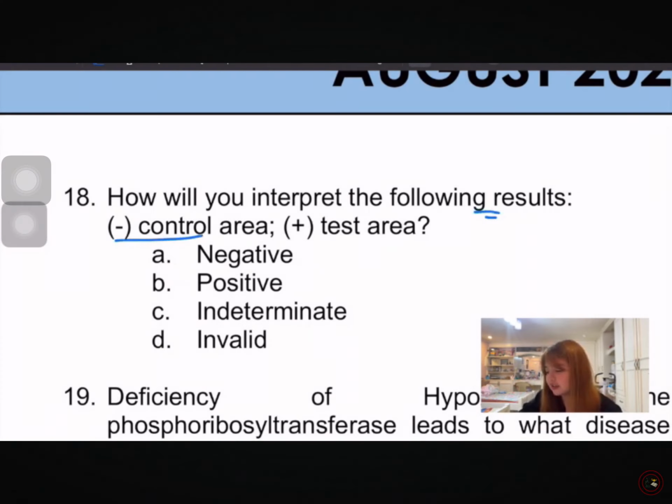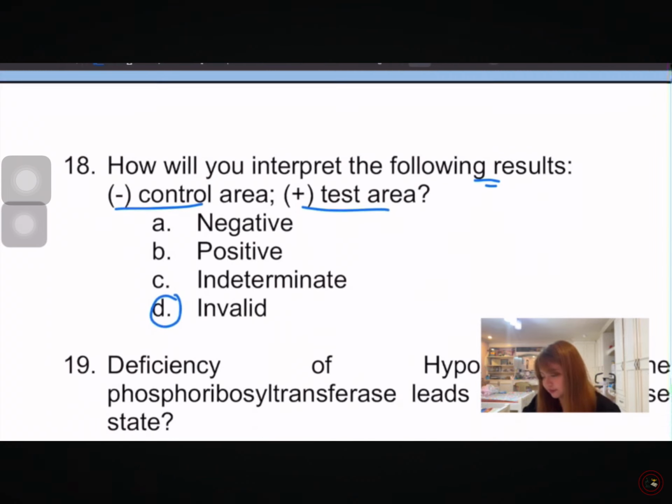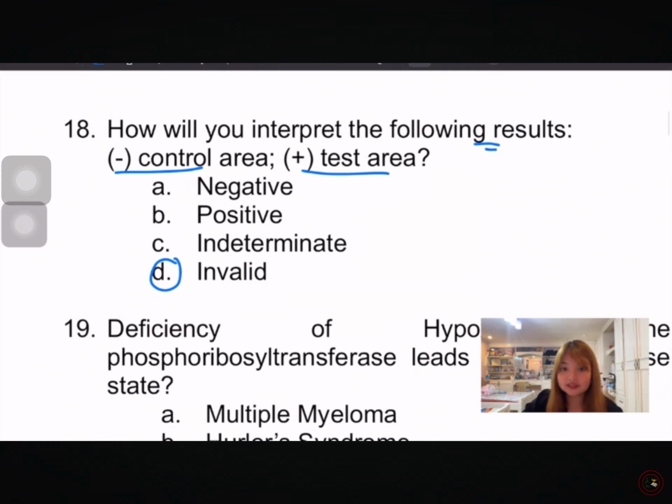Control area is negative, test area is positive. Another common sense question. Syempre, if yung control mo is negative, the result is invalid. Like example sa mga pregnancy test, syempre kailangan merong isang line. If walang line at all, then hindi pa rin yun considered as a negative result. Invalid yung result na yun.